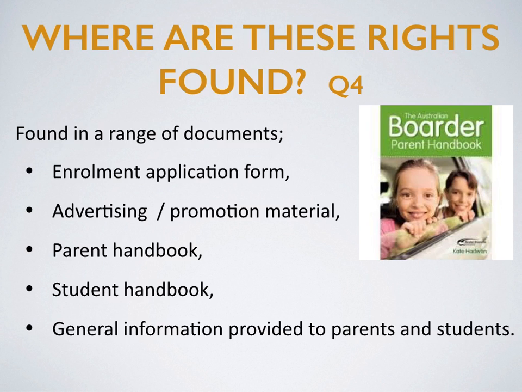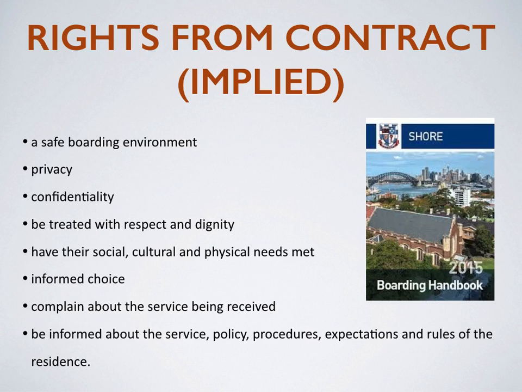So the organisation, the boarding school, the boarding residence has made certain claims or certain promises in this material, and then they really become rights because you have a right to them because you have embraced the program based on those promises. And so they come from things like the promotional material, the parent handbook, student handbook, any of that sort of general information provided to students and parents.